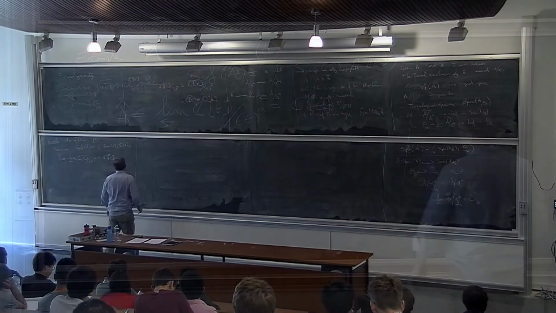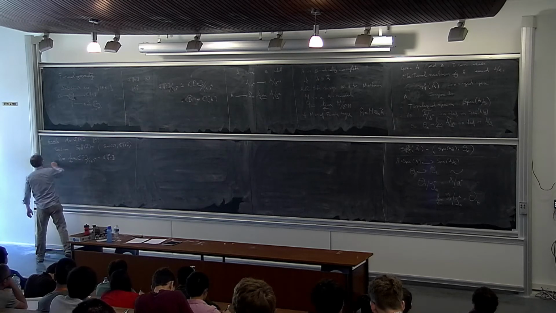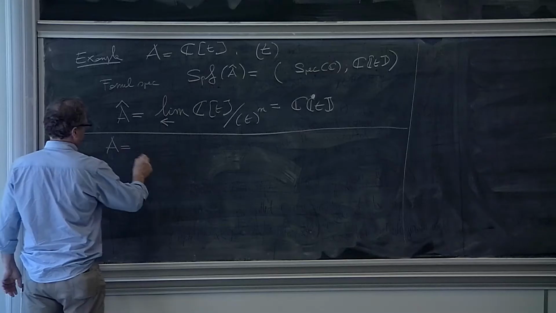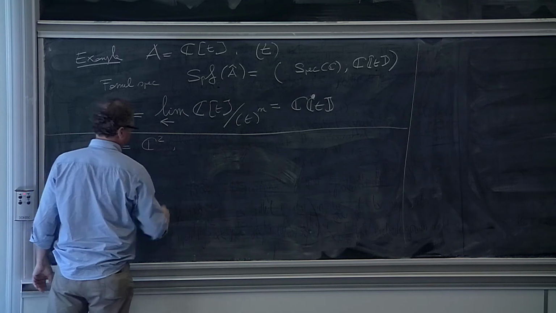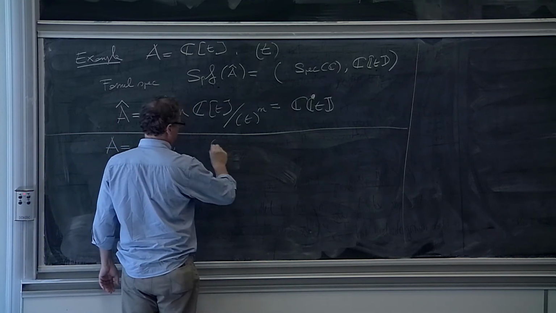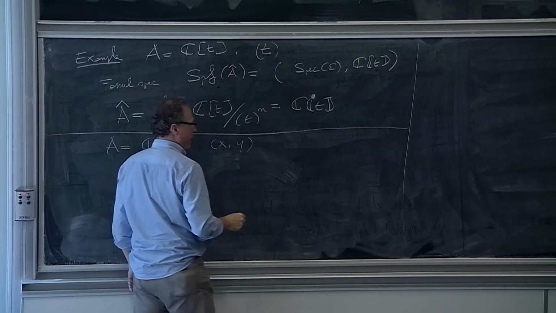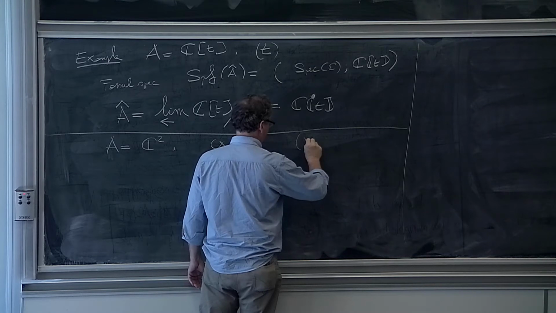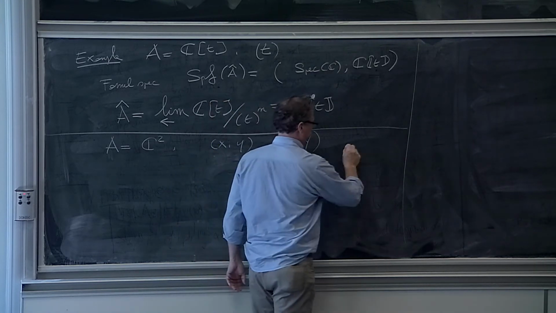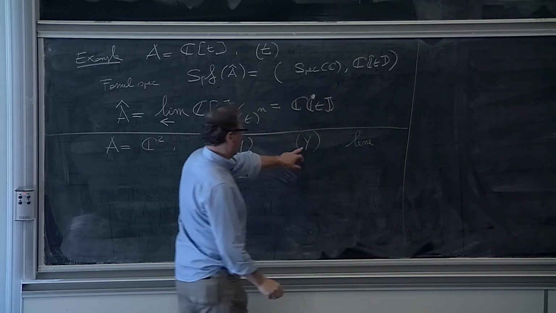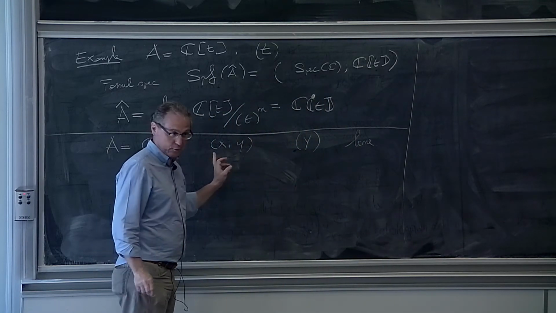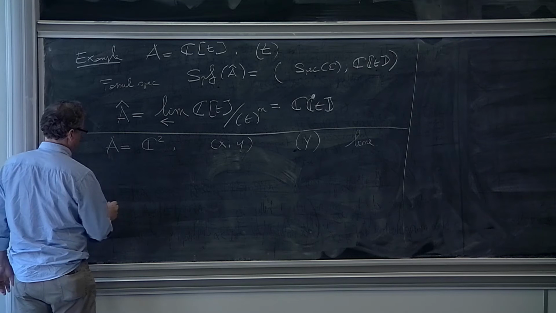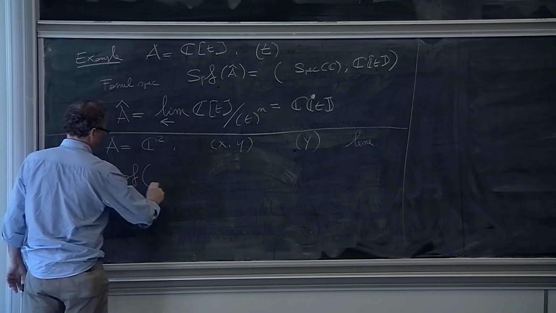And I will give you another example. You take A to be C[x,y], and then you take as an ideal (y). So it is a line. This corresponds to a line inside C2. Now I can look at what is the formal spectrum of A hat.